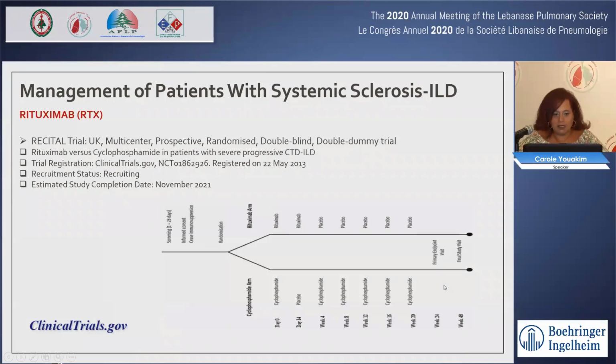Finally, the RECITAL trial, a UK multi-center prospective randomized double-blind double-dummy trial, will compare cyclophosphamide and rituximab in patients with severe progressive connective tissue disease, ILD. The study is still recruiting patients and is estimated to be completed in November 2021.